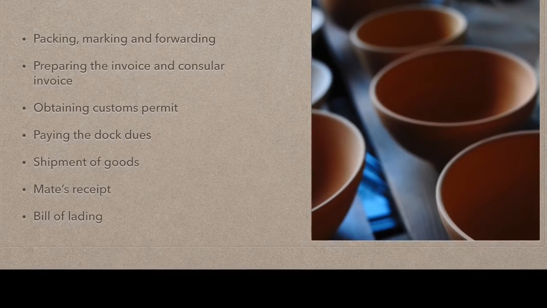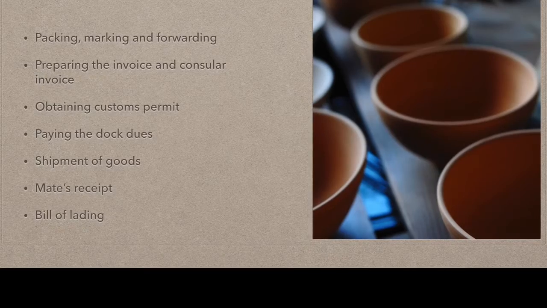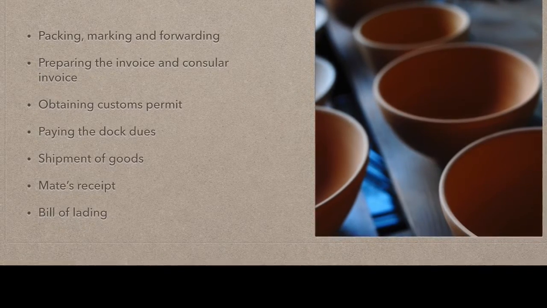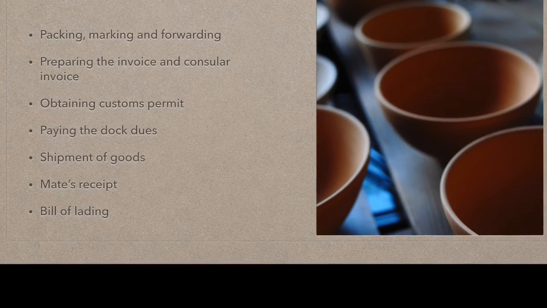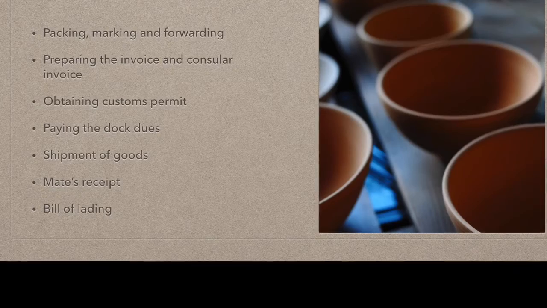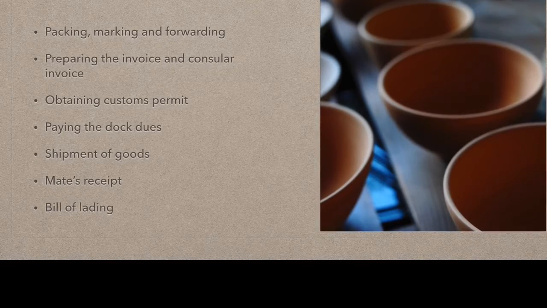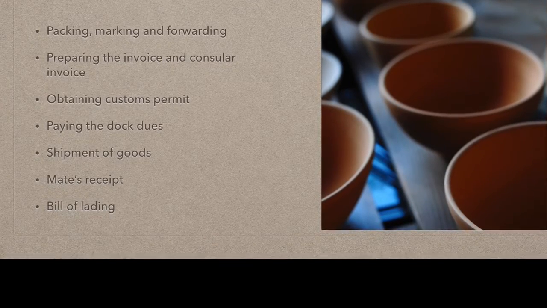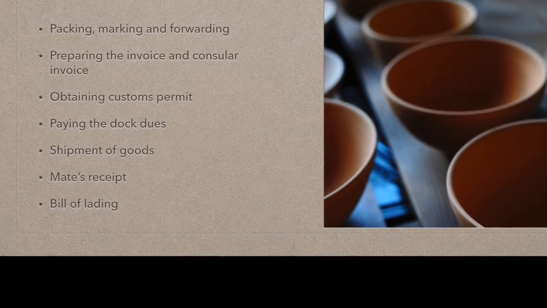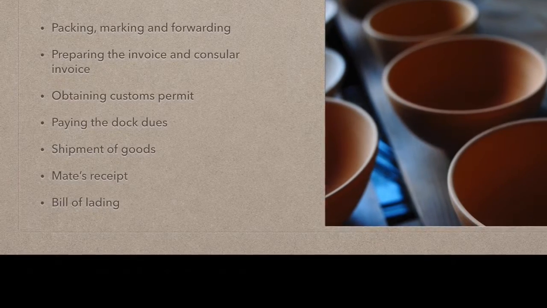A consular invoice can be obtained through a consular representative of the country the exporter is shipping the goods to. The customs authorities usually accept such an invoice as a true statement of the value of goods and charge import duty on this value. The next step is to obtain customs permit.